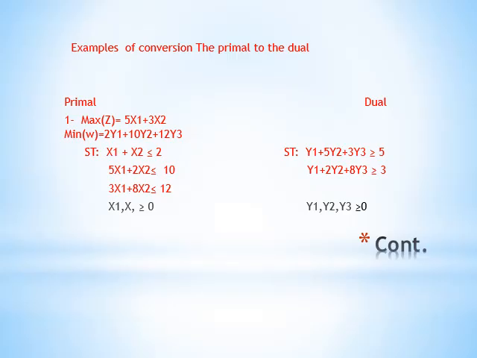The last remark is, look at the dual. The objective function has 3 variables because the primal has 3 constraints.